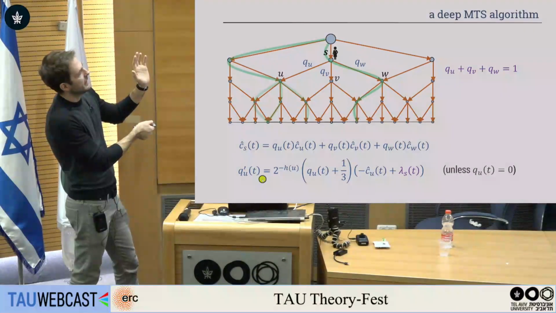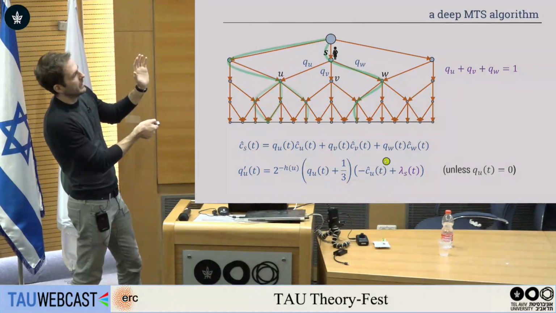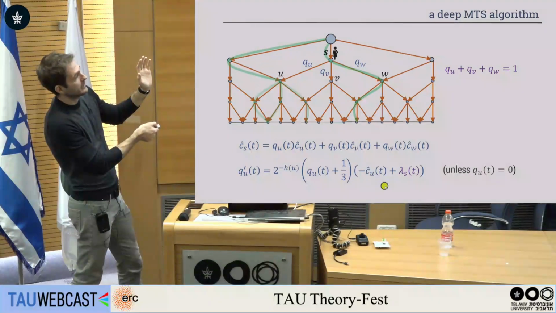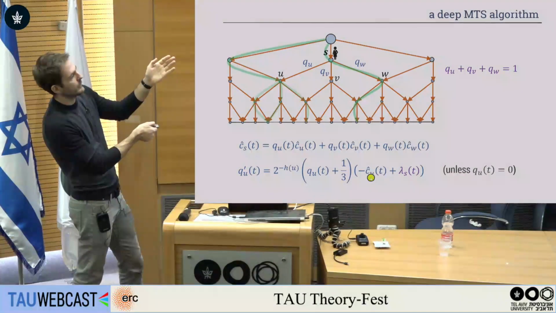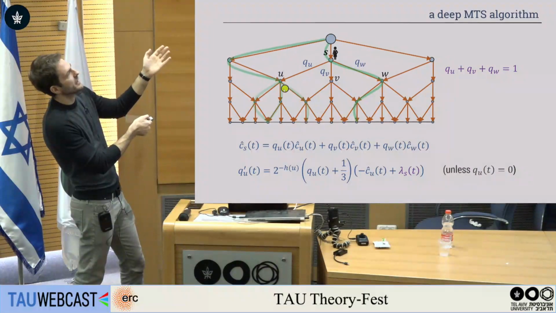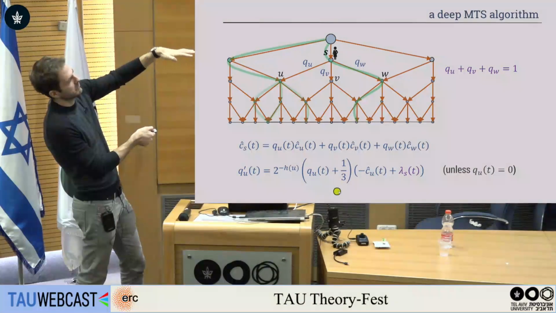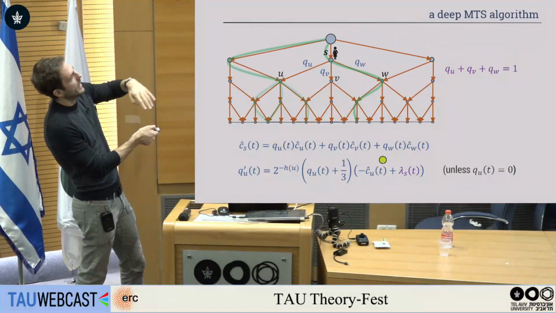Basically, I'm going to reduce the weight I put on U multiplicatively, inversely proportional, scaled according to the negative cost. So if this vertex here is reporting that the cost of playing beneath it is large, I'm going to reduce the weight I put on it accordingly.